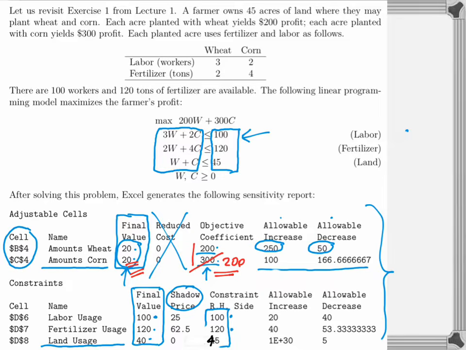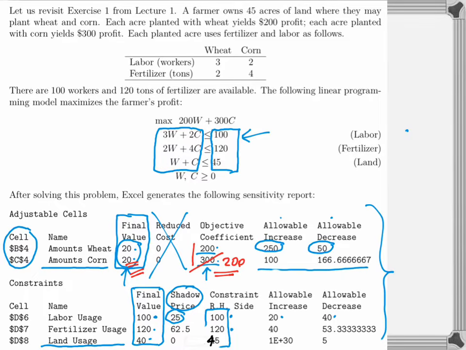My profit would go up by $25. What if I had 2 more units of labor? Would it go up by 2 times 25? Yes. What if I had 10 more units of labor? It would go up by 10 times 25, 250. Can I do this forever? No. This is where the allowable increase and decrease come into play. They mean the following.